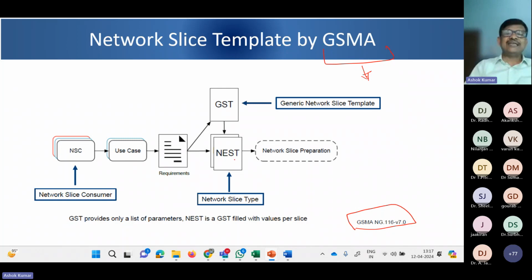This is the function they call network slice preparation. It takes general network slice templates, fills in the values of different parameters, and creates a template for a network slice, right? And to make it standard, GSMA has worked on this across different networks.